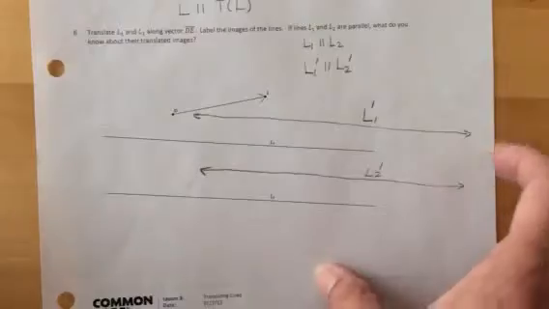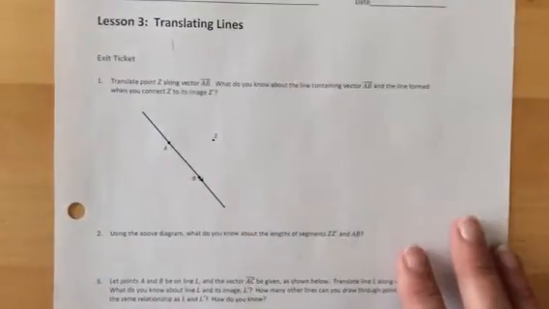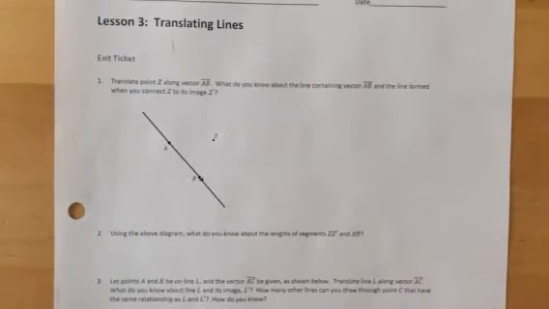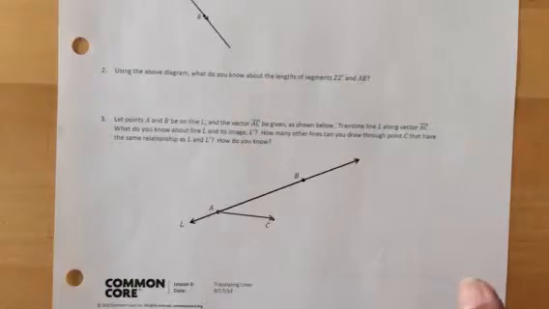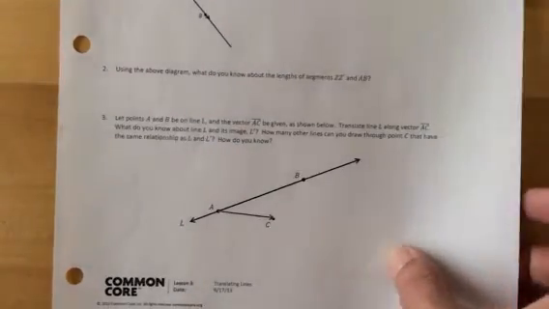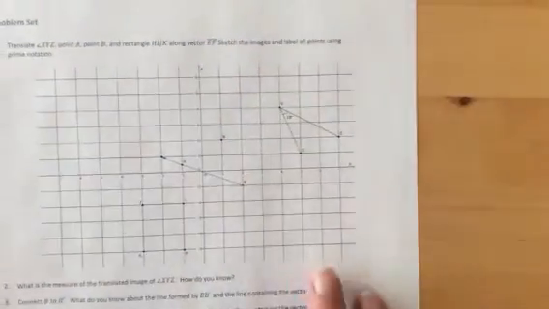Okay, so in your exit ticket, you're asked to perform some translations of points and lines, and then asked what you can know about the translated figures.